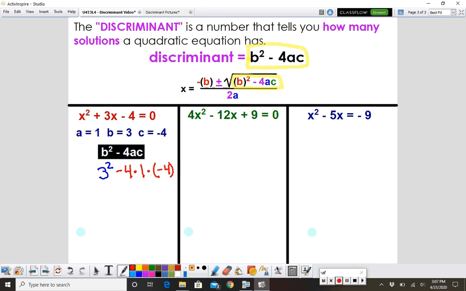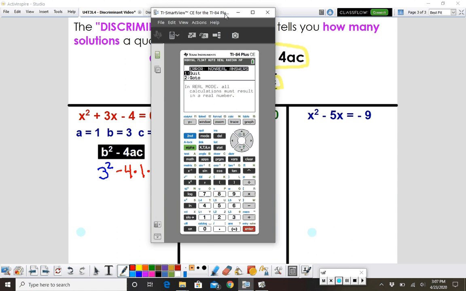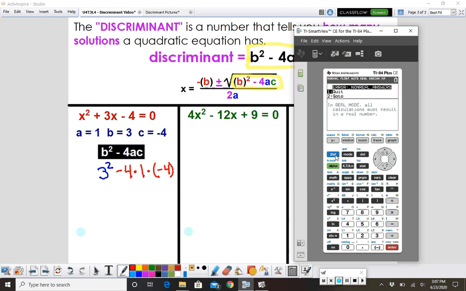Okay, and I'm going to use my calculator. Oops, sorry, I didn't mean for that to pop up there in the way. All right, I'm going to clear it, and I'm going to do 3 squared minus 4 times a, which is 1, times, and I always put my negative numbers in parentheses here, times negative 4, and I'm going to hit enter.